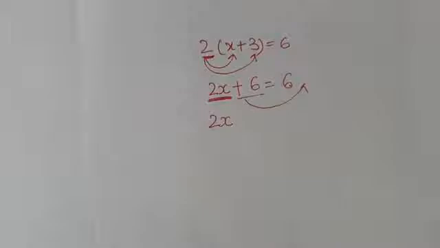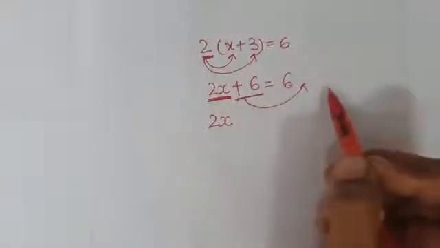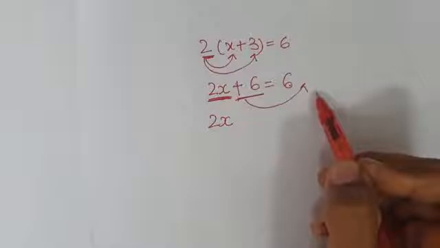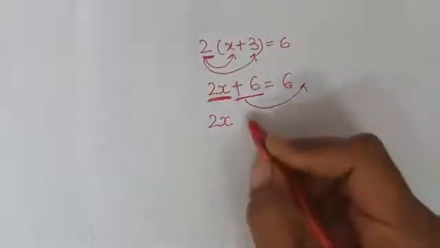Now one thing keep in mind, whenever shifting we will do, we will interchange the signs. Means plus will become negative, negative will become plus, multiplication will become division and division will become multiplication. So now 6 is getting added over here. So whenever it will shift to that side, it will get subtracted. Means plus 6 will become minus 6.